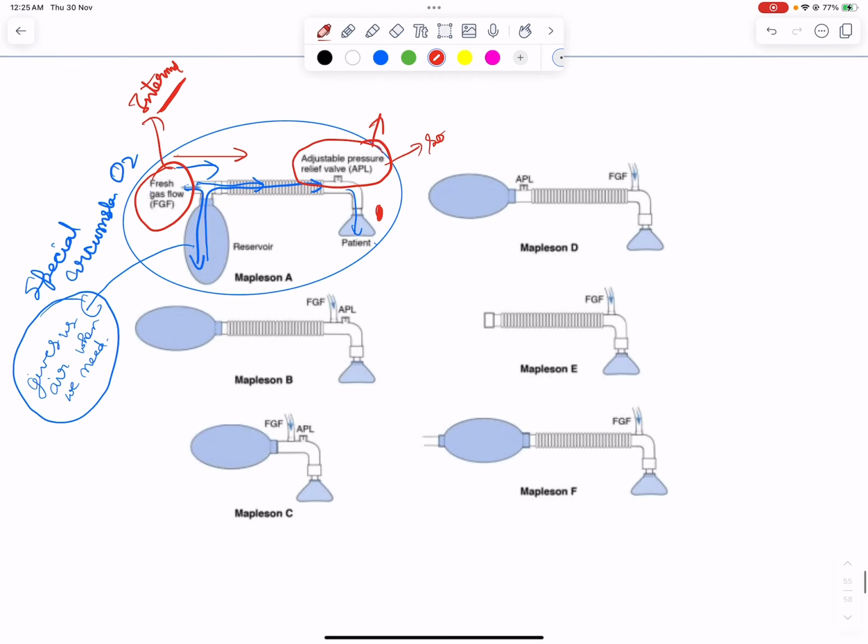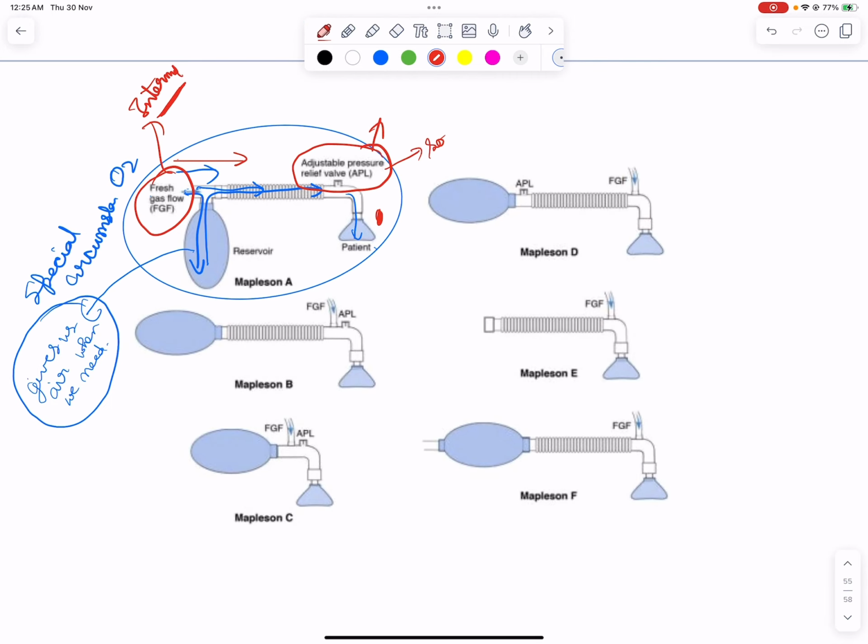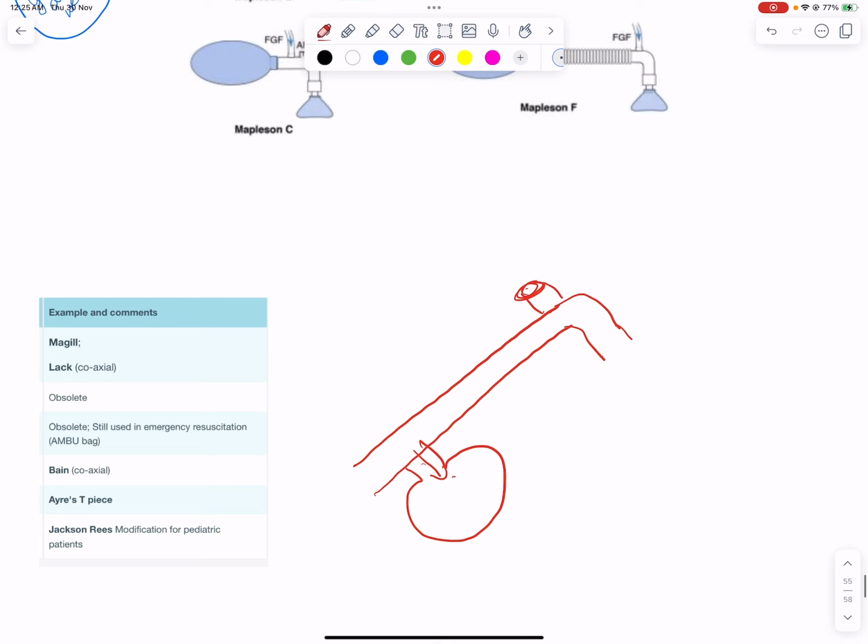But now with period of time people would have noticed the inefficiencies, and so what they thought was, why do we bring fresh gas flow through this number of pathways, because the larger the pathway, the greater would be the losses here, somewhere some pores would be there.